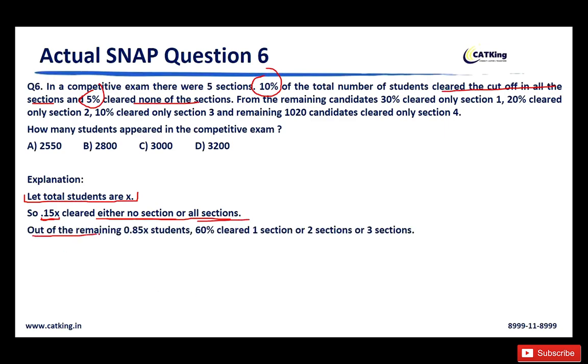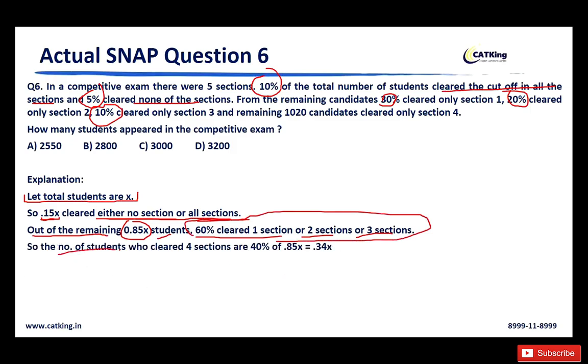Now out of the remaining, that is 0.85x students, 60% cleared section 1 or 2 or 3, because 30 plus 20 plus 10 gives 60%. So 60% cleared section 1, section 2 or section 3.